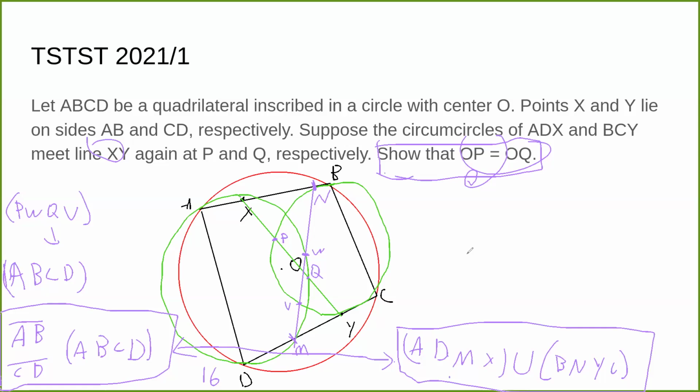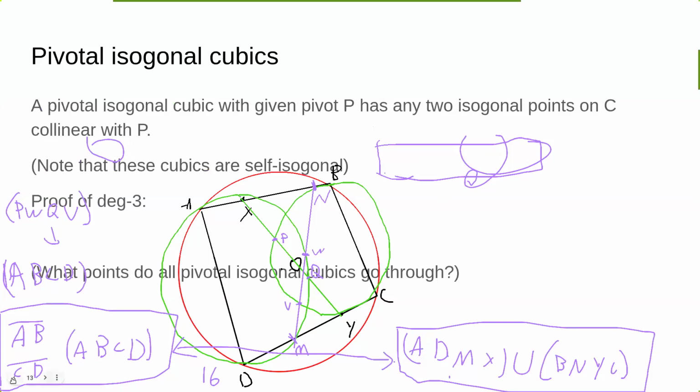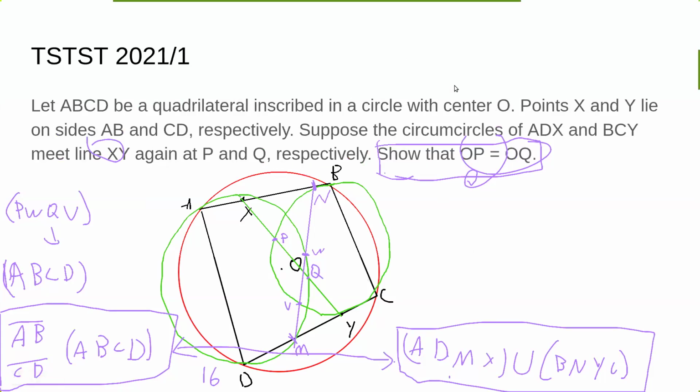Put them in the chat if you see them. Well, by Bezout it's 16. A, B, C, D. Also P, Q, W, V, X, Y.